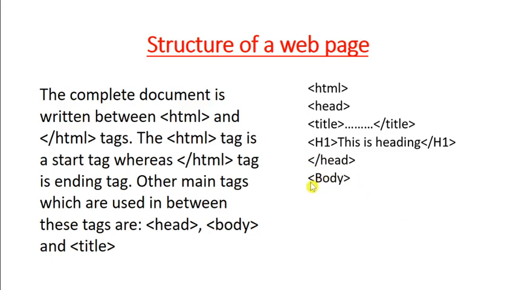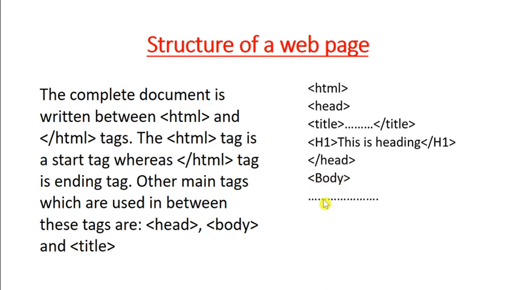Then comes body. Now what is this body tag? The body tag is used to represent the body of the document. All the information is written in the body tag. Whatever web page information we have is written under this body tag.